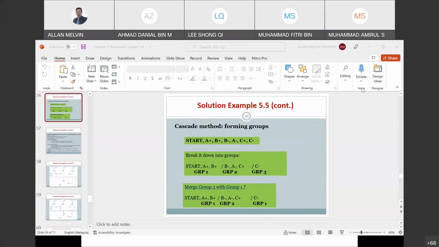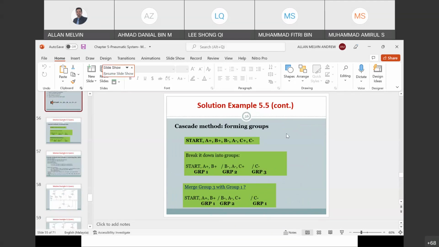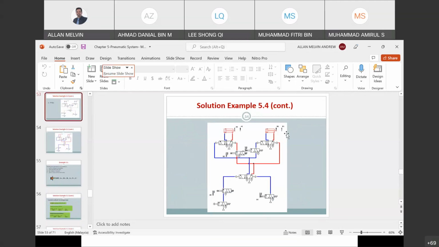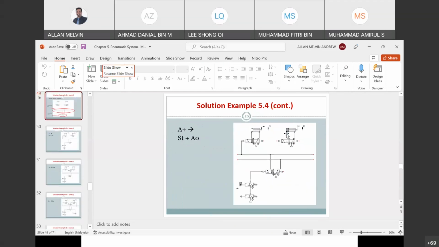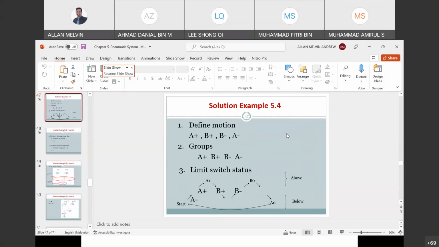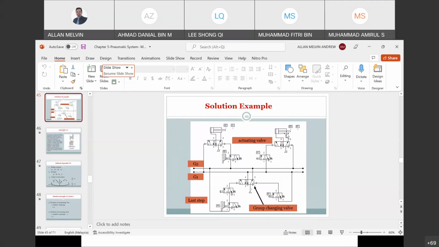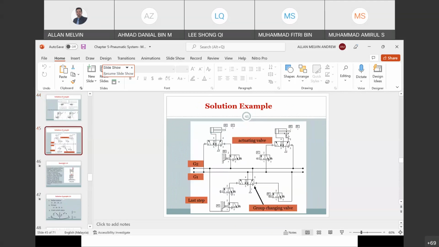Ada group 1 and group 2. So tak ada example lah, tapi kalau you cuba dalam your assignment you boleh understand. Dekat lecture note ni tak ada contoh. Cuma ada satu group changing valve. Okay. But that's the concept lah.